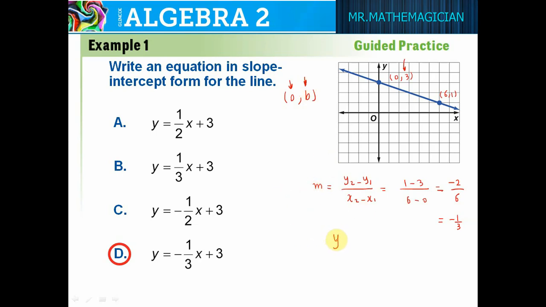So just write down y equals mx plus b. So y equals m, which is negative third, x plus b. Since this number is 0, this is the y-intercept, so it is positive 3. So D is accurate.